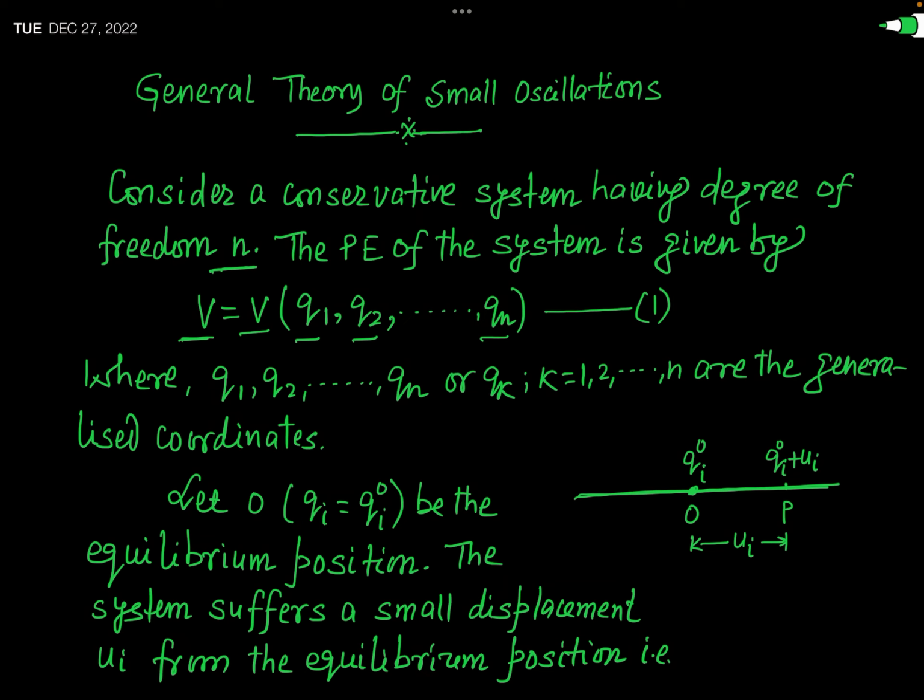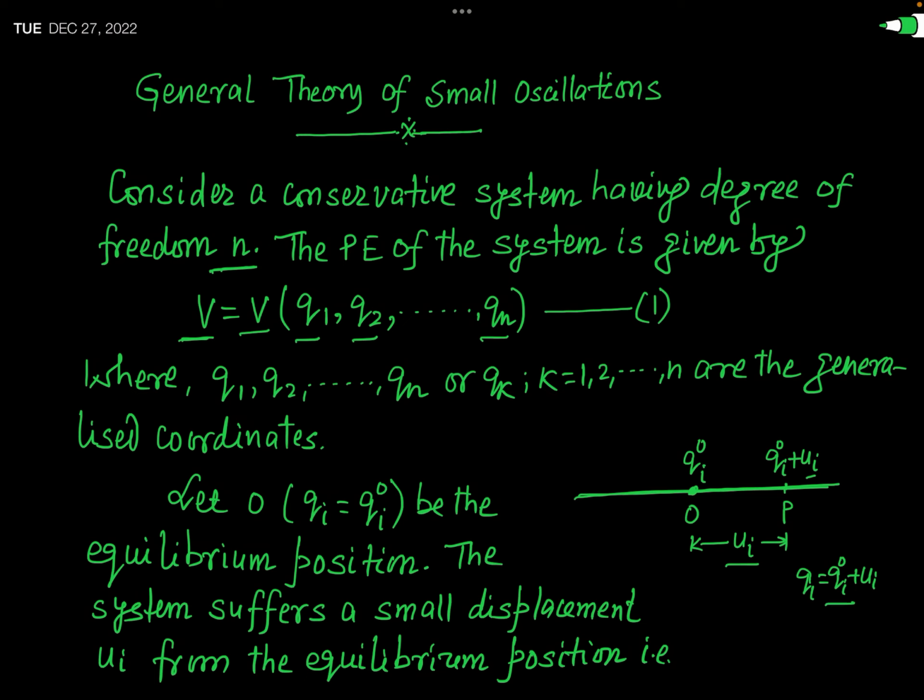Let us consider this slight displacement of the system to be, let us say, ui. So you can say that the generalized coordinate of this point P will be equal to qi0 plus ui. Okay. So corresponding to point P, the generalized coordinate is qi, and that qi will be equal to qi0 plus ui.